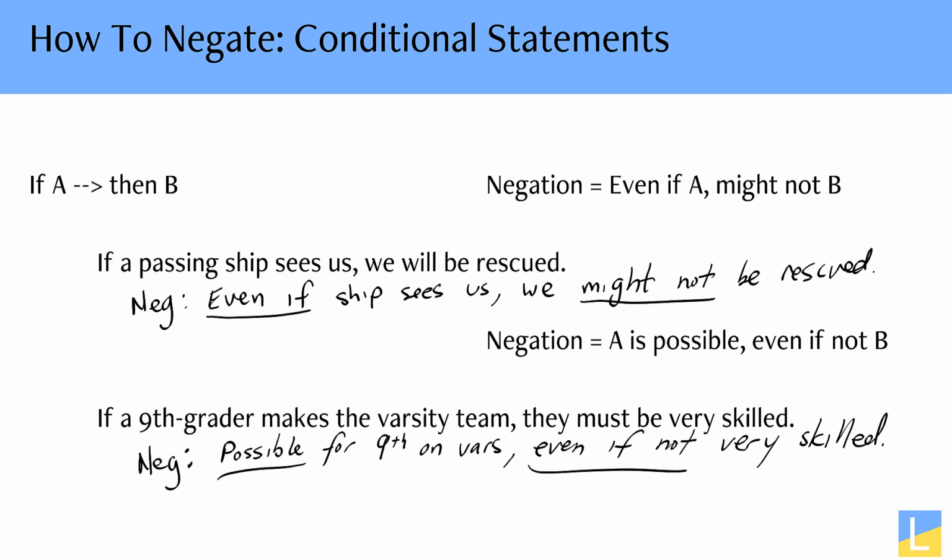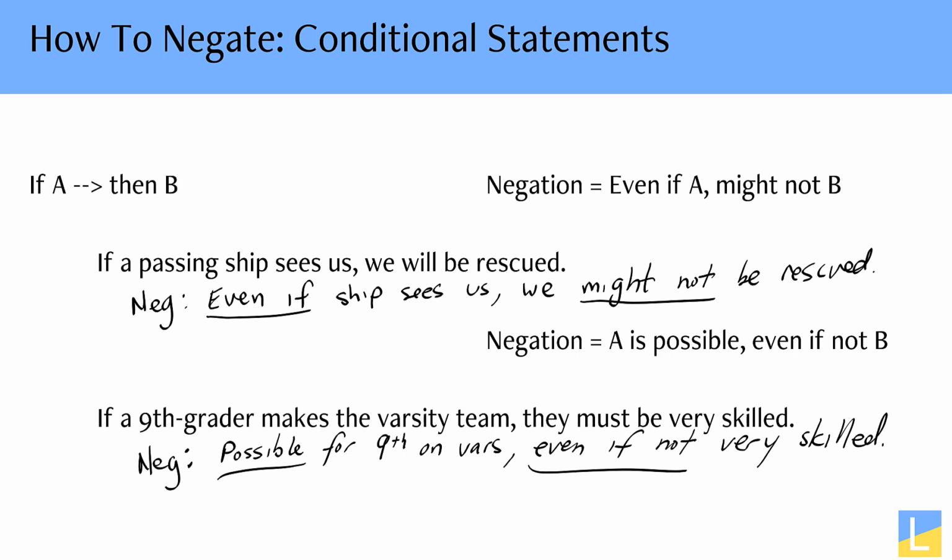Now, the big takeaway from negating conditional statements is that you're always saying that the sufficient condition might be true, even though the necessary condition is not true. Affirm the sufficient condition and negate or deny the necessary condition.